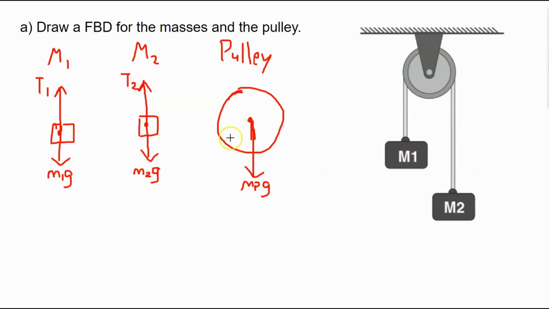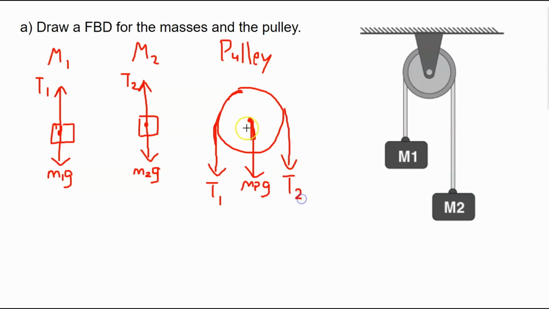But what we do care about is the tension of the cords. Notice how this pulley is attached to two cords on the edges like that, and we have tension forces. So there's going to be a force going down, T1, and another force going down right here, T2.